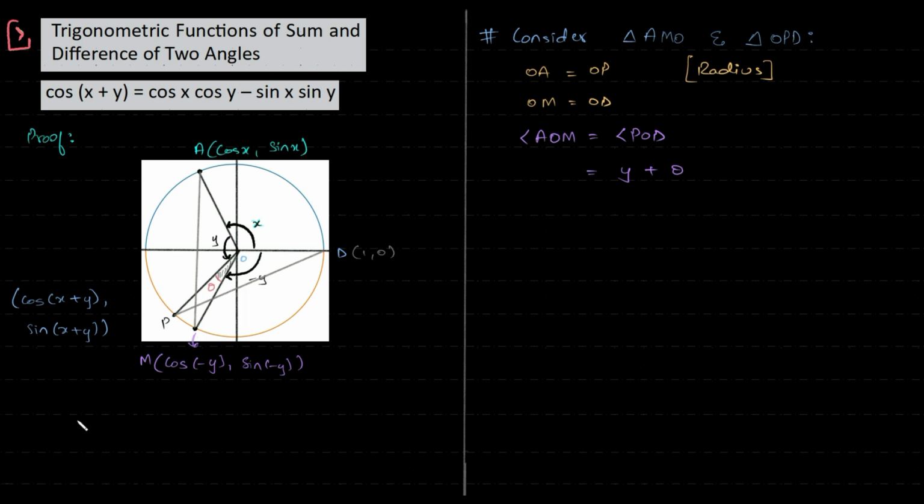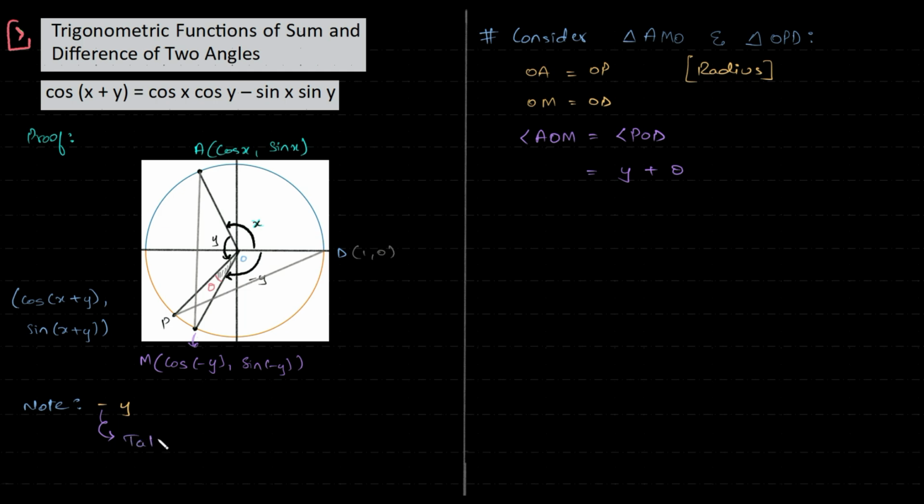So you might ask a question, so how is that, we have y and theta over here, that makes up AOM, that's okay. When it comes to POD, is it not theta minus y? Well, the thing is, when we talk of minus y, this is to do with direction.